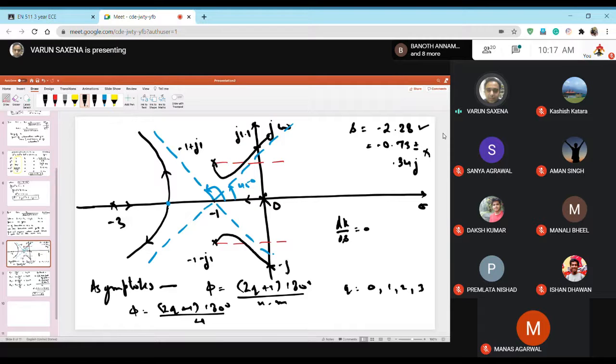This point is minus j1.1. This angle you evaluate by the formula that we had discussed yesterday, and it comes out to be this angle. So this is the angle of departure, phi p, which will come out to be somewhere around minus 71.6. Then for this it will be plus 71.6.